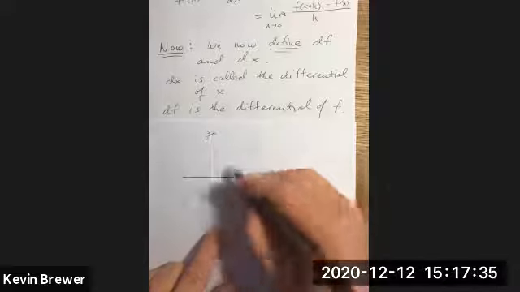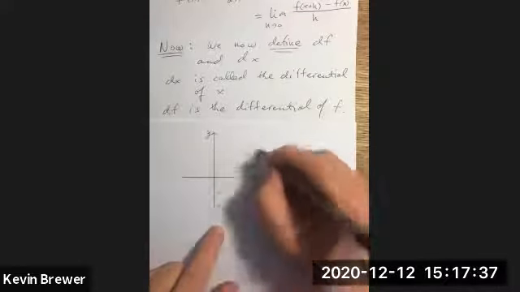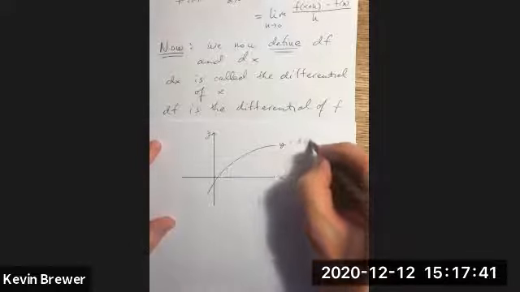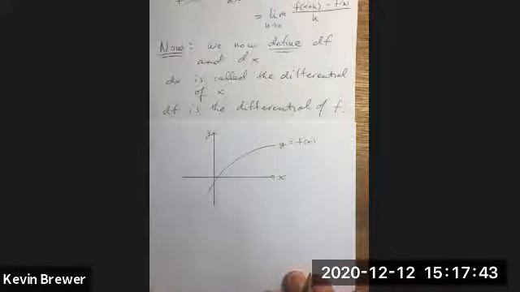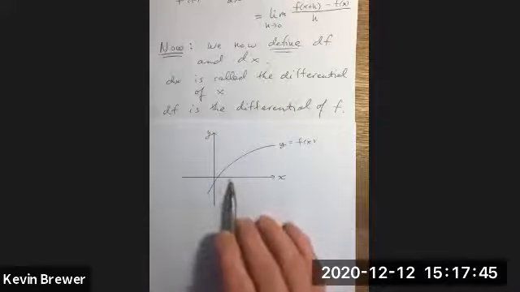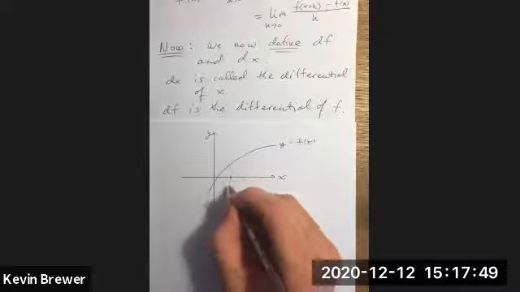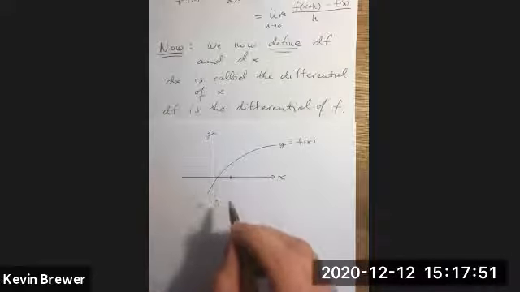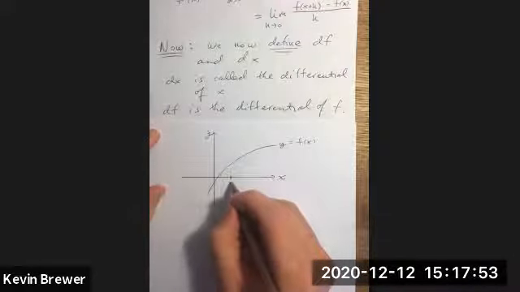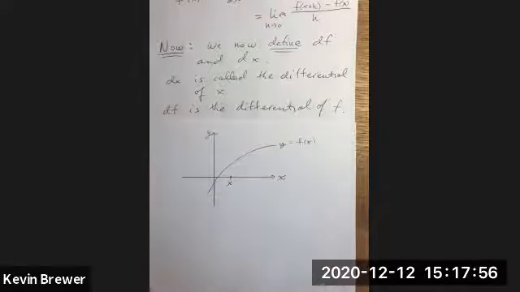I will draw a smoothly curved function for y equals f of x. I'm going to pick a particular value of x here, and although I'm still just going to call it x instead of x0 or something like that.